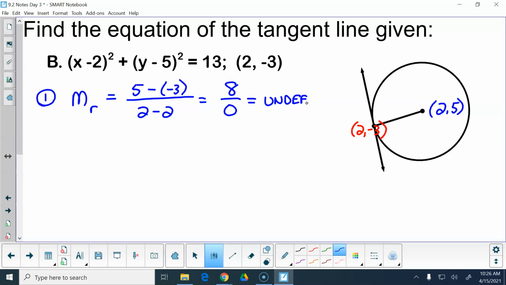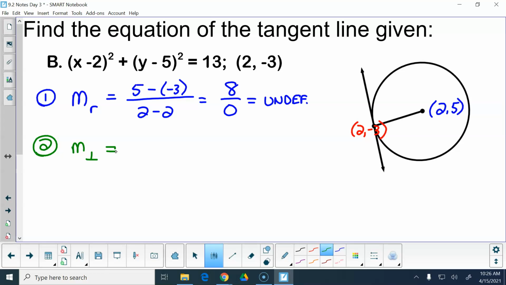If it was 1 underneath it, the 8. Yes. But can I reciprocate that? I've got to do the opposite reciprocal, right?